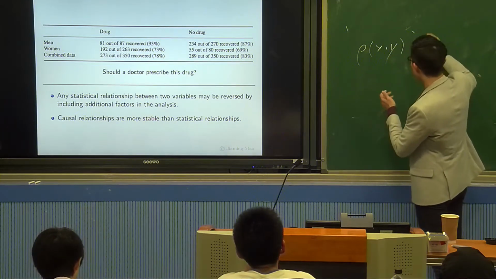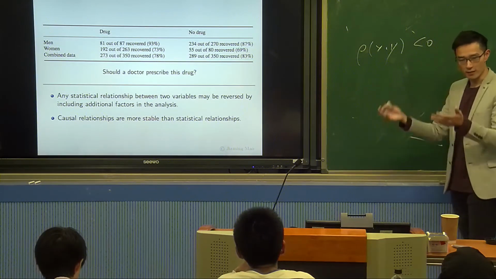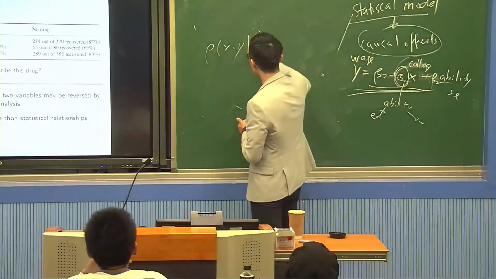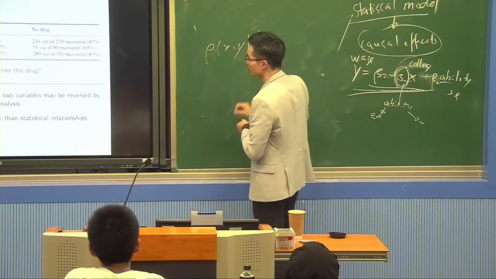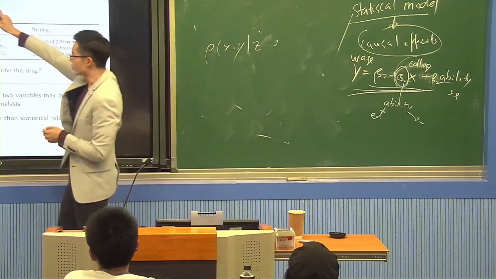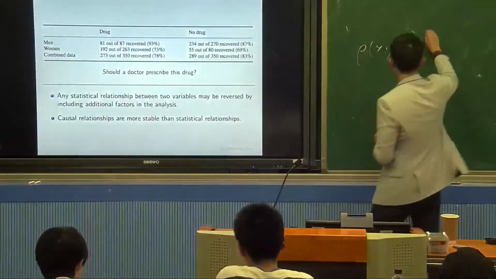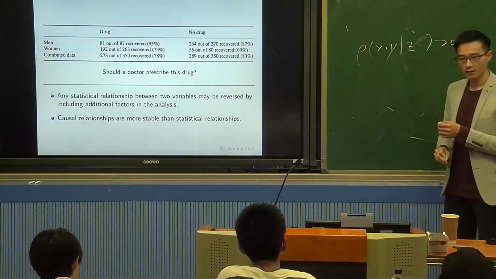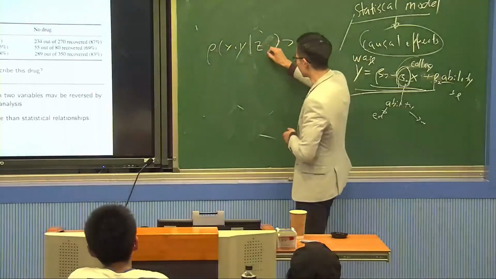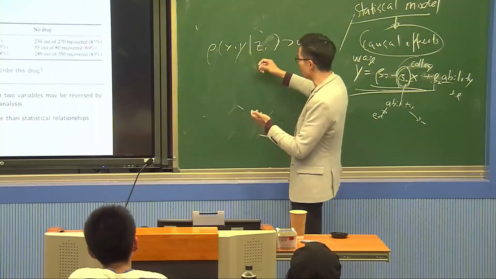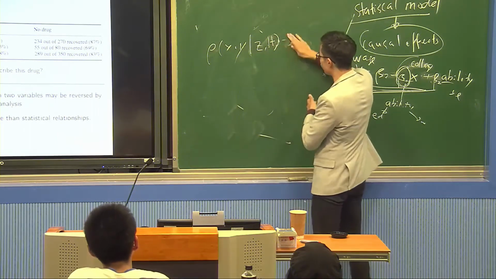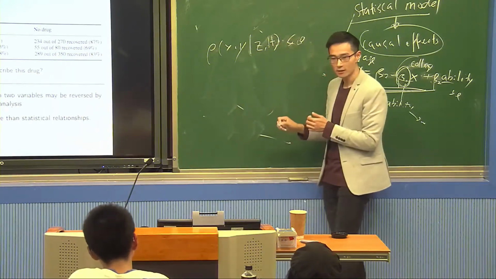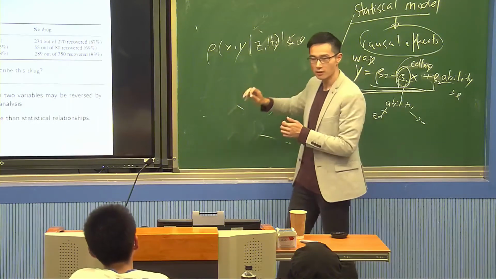I forgot, but I think it's negative if we look at the entire sample. But if we condition on some other variable z, in this case gender, then the correlation becomes positive. But you never know, because you may condition on other things. You can condition not only on gender but also on height, and if you condition on height, maybe the correlation becomes negative again. You can condition on whatever you do.